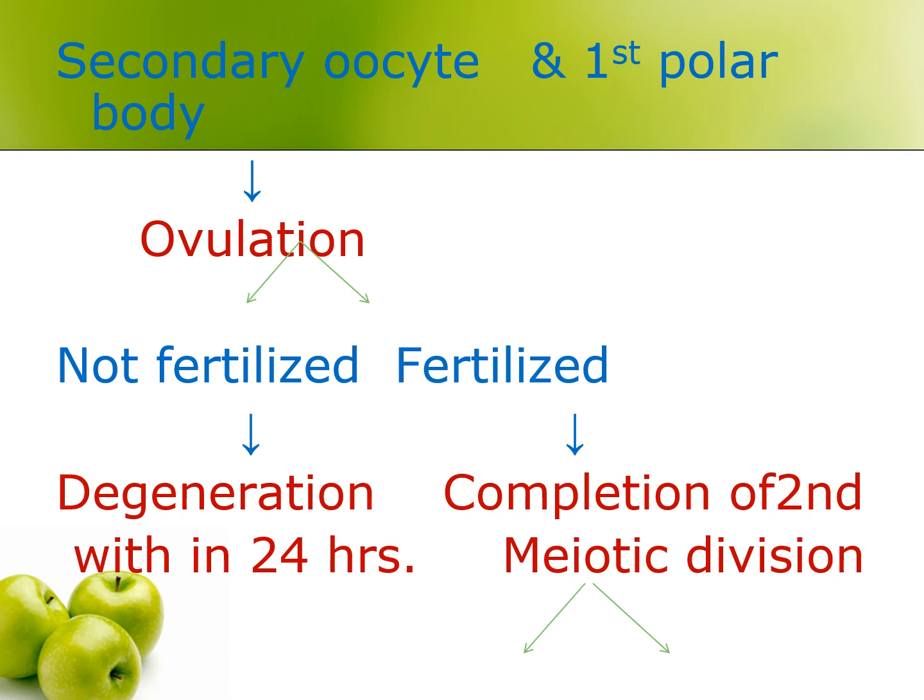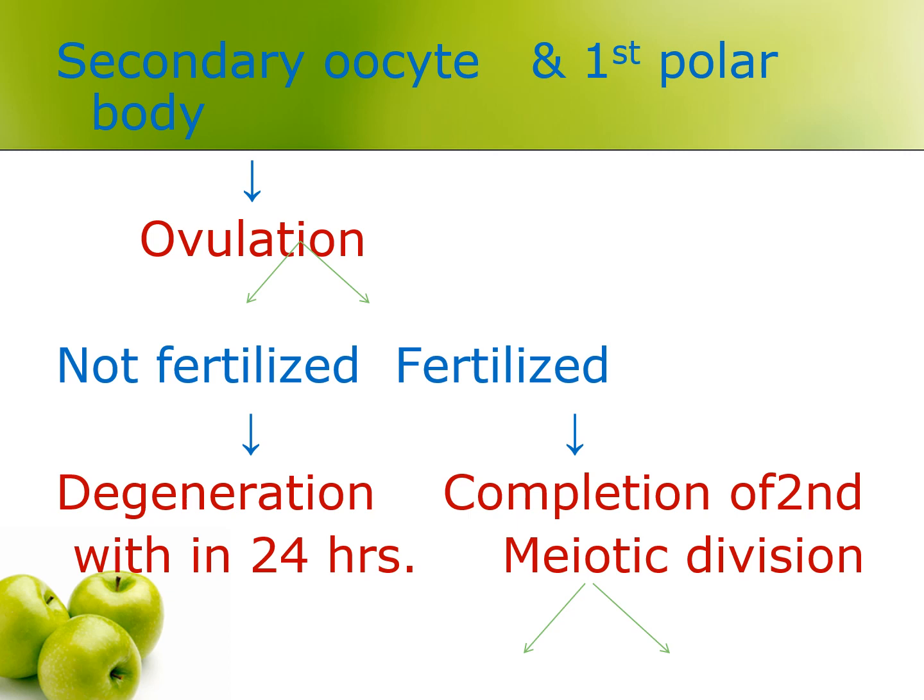But all the other cytoplasm and cell organelles will be with the secondary oocyte. The first polar body won't have those things. It is only a cell membrane with the chromosomes, that's all. And this secondary oocyte is still in the ovary.